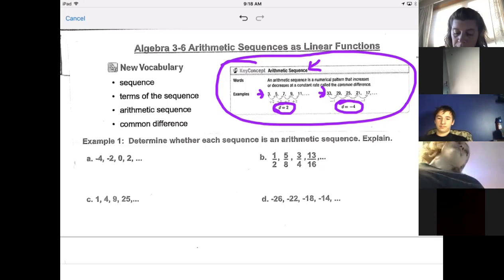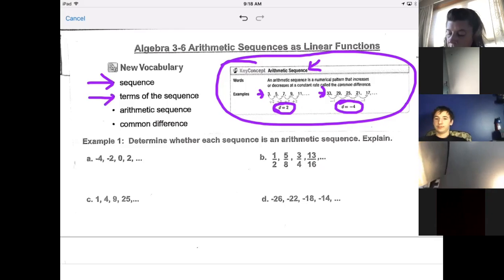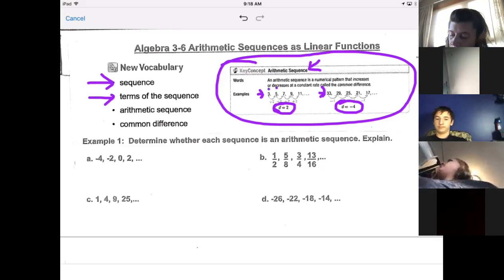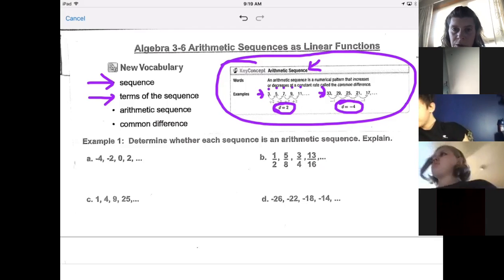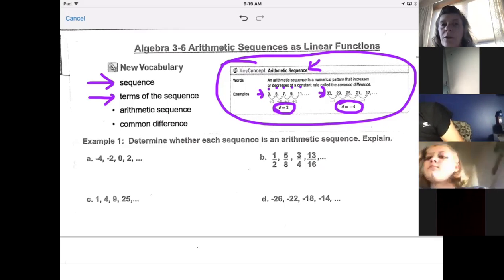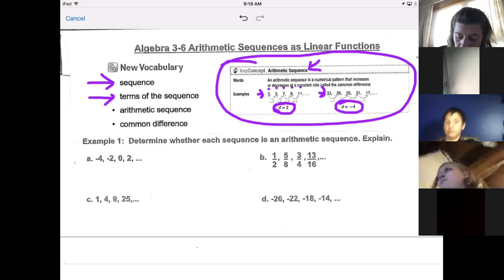So here's what we have for our vocabulary. A sequence is just a pattern, right? The terms of the sequence, that's these guys, 1, 2, 3, 4, 5. So the first term is 3, the second term is 5, the third term is 7, the fourth term is 9. Those are the term numbers, okay?